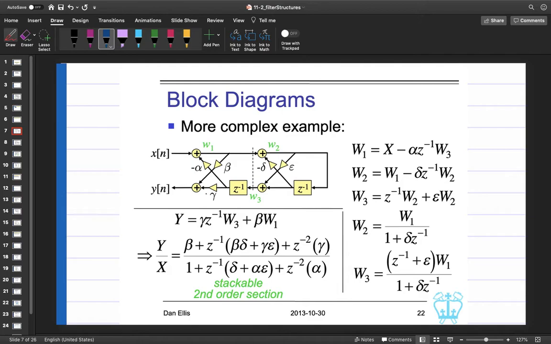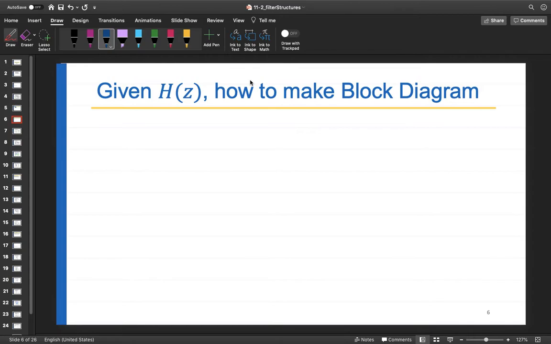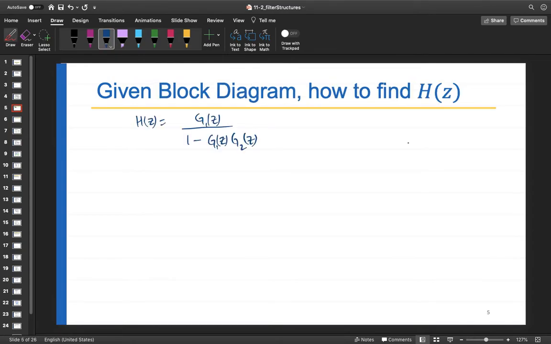So basically the components, I think in some previous lecture, we also discussed the basic components. The basic components are an adder, a multiplier, right?